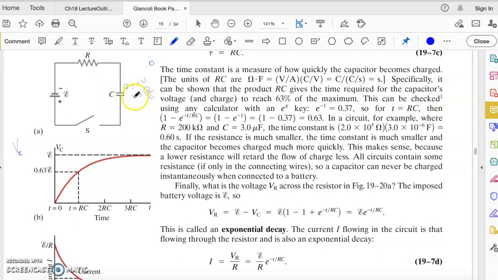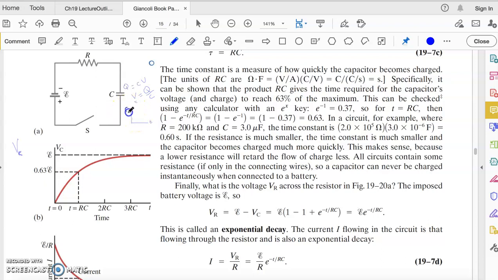So if you see voltage across the capacitor, I can say V sub C is directly proportional to the charge across the capacitor. So if I want to graph V with respect to time, we always have the x-axis to be time because charging or discharging is going with time.